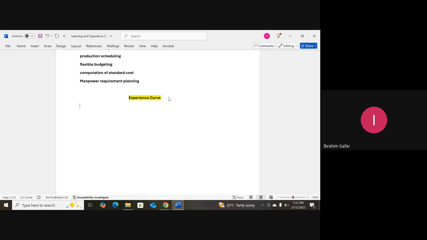In the experience curve, it is not only labor cost per unit that would decrease as output of a new product increases.